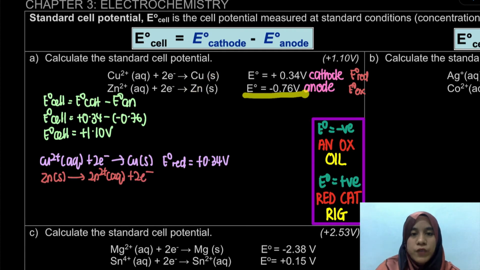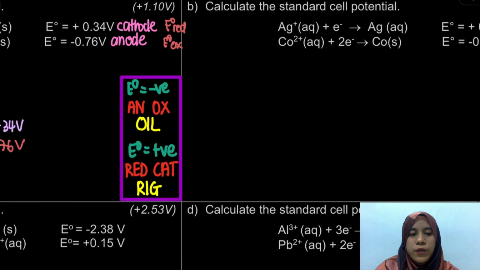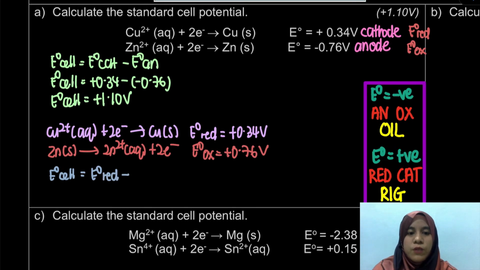How about the E° value? The E° value has to change because the position is changing, so it will become positive 0.76 volt. Okay, so that is the equation and the value. Then you can substitute it straight away, where E° cell is equal to E° reduction plus E° oxidation.